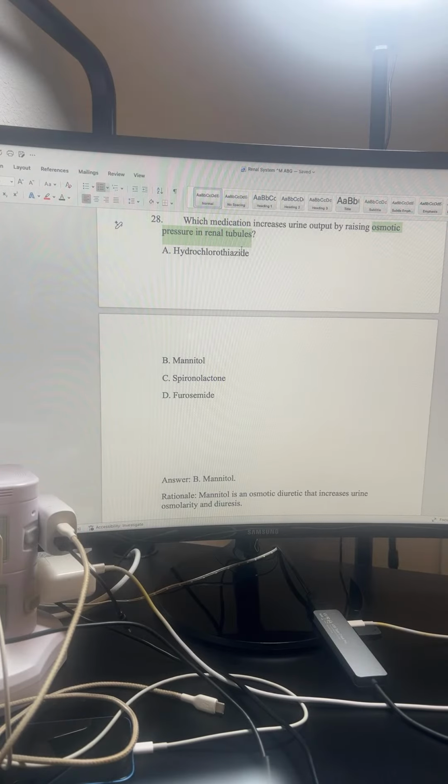Look at the class of medication, and they're all diuretics. But you need to find out which one is going to be working where. So you're going to have your mannitol that is going to increase your osmotic pressure in your renal tubules.